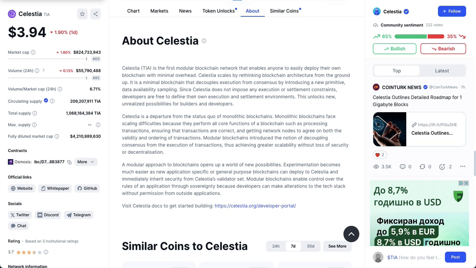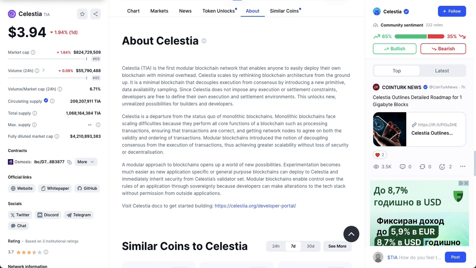Celestia's departure from the status quo of monolithic blockchains. Monolithic blockchains face scaling difficulties because they perform all core functions of a blockchain, such as processing transactions, ensuring that transactions are correct, and getting network nodes to agree on both the validity and ordering of transactions.